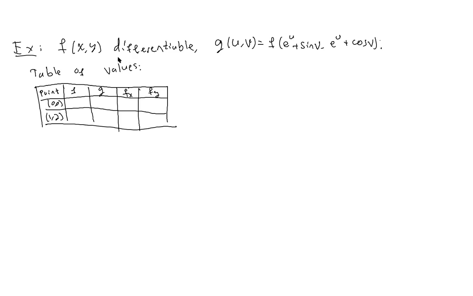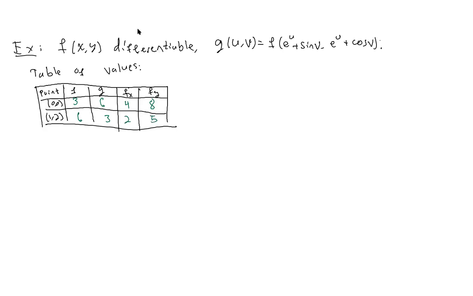And we're told in this case that f of 0, 0 is 3, g of 0, 0 is 6, fx of 0, 0 is 4, fy of 0, 0 is 8, f of 1, 2 is 6, g of 1, 2 is 3, fx of 1, 2 is 2, fy of 1, 2 is 5.